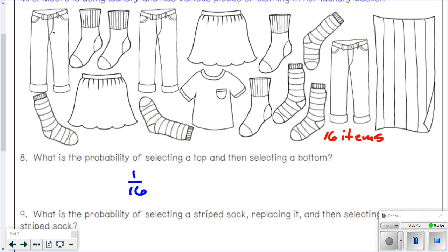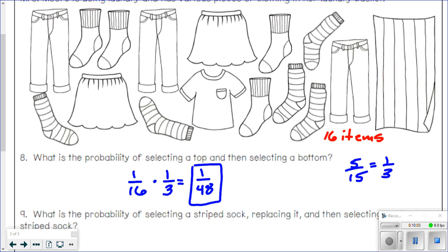For bottoms, I have 1, 2, 3, 4, 5. So 5/15, which I know I can simplify to 1/3. So I'm going to do 1/16 times 1/3, multiply straight across, and get 1/48.